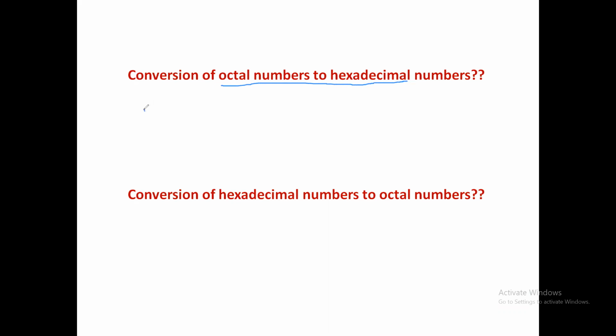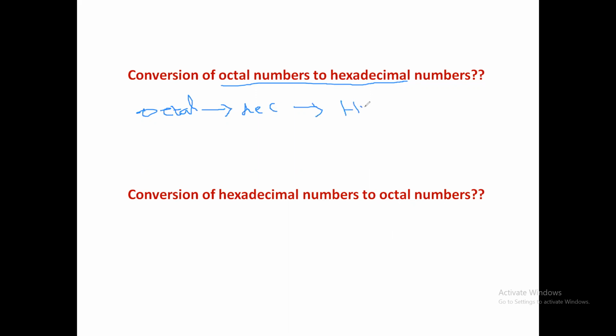There are 2 methods for converting octal numbers into hexadecimal numbers. The first method: we know how to convert an octal number into a decimal number. So convert that octal number into a decimal number first, and then convert that decimal number into a hexadecimal number.